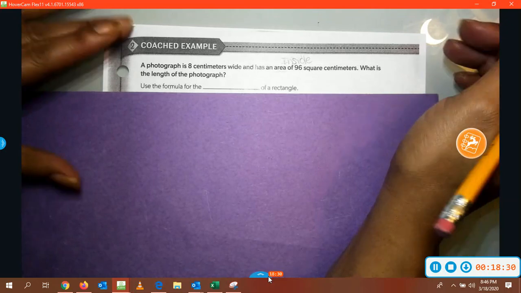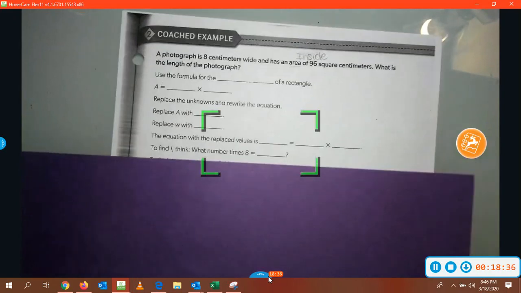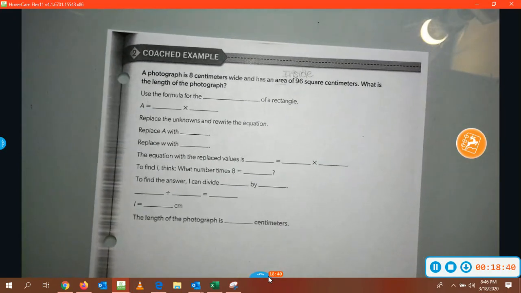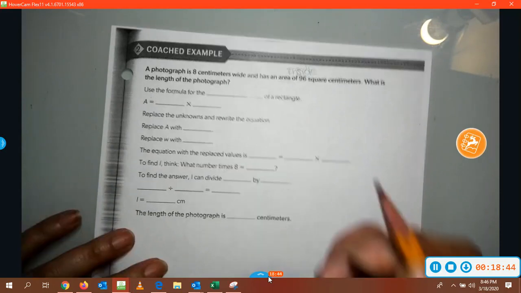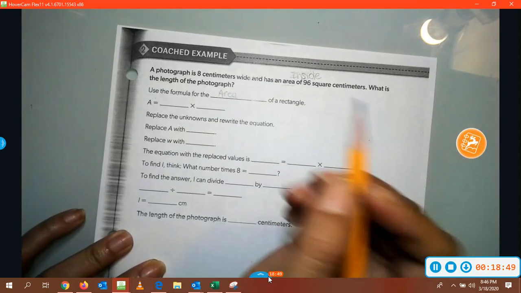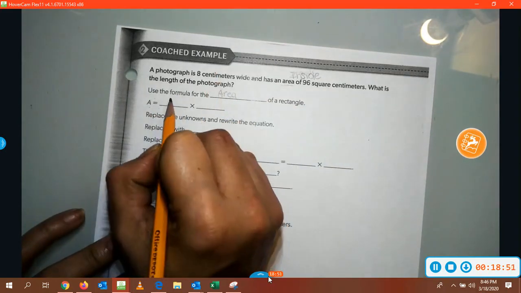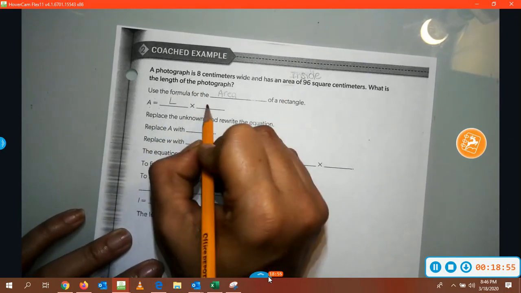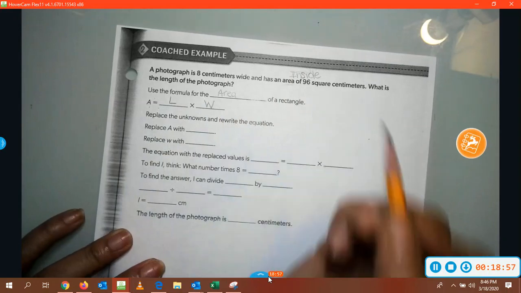So, what do we know? Let's just put it in. Use the formula for the area of a rectangle. So, area is the length times width.